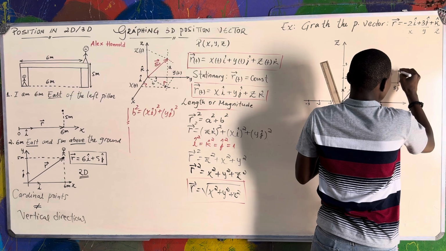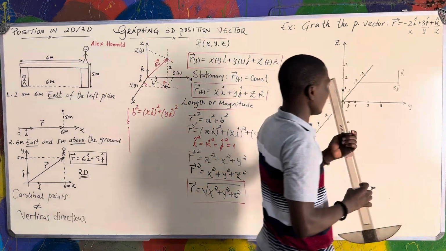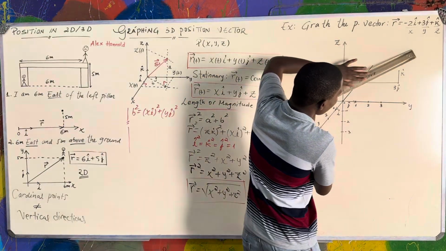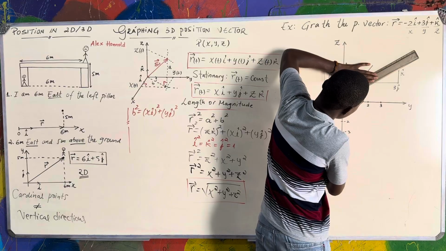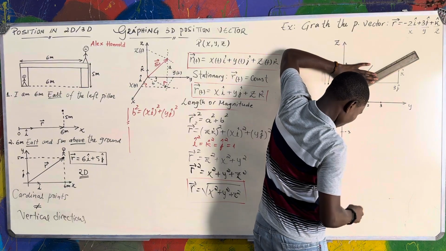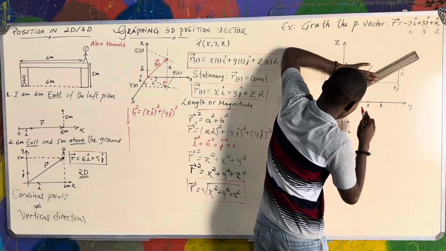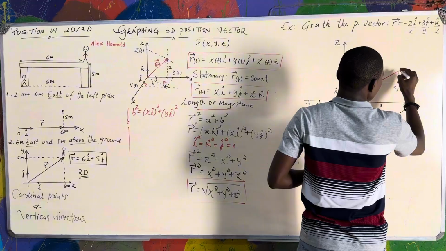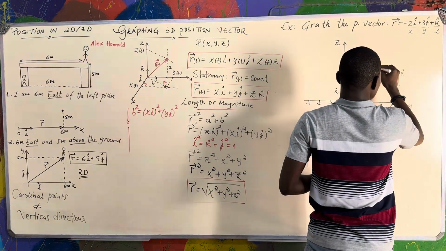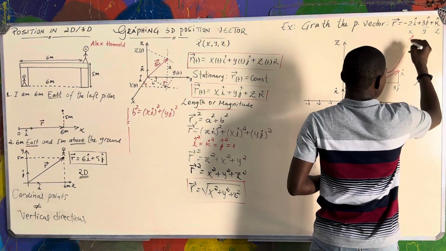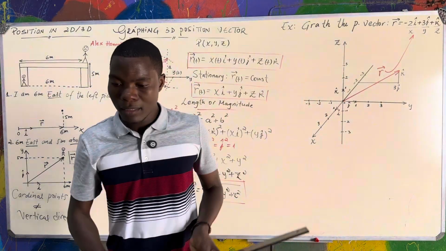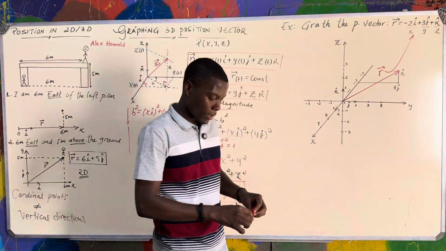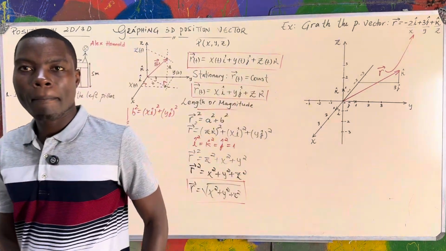So the tip of this length and the origin will give us the final result, the final position vector of this equation. So here we go. The position vector r is this one, and the equation is this. And that's that. We are done now. I hope you like what you see. See you next time. Take care.